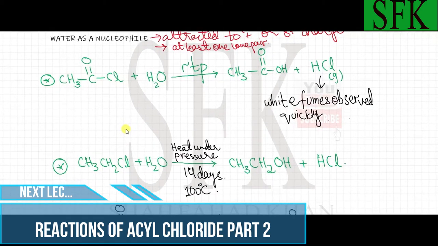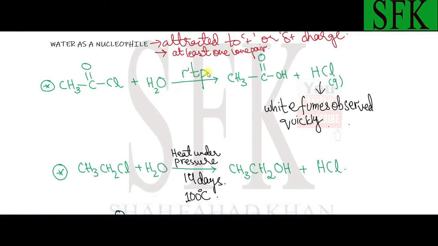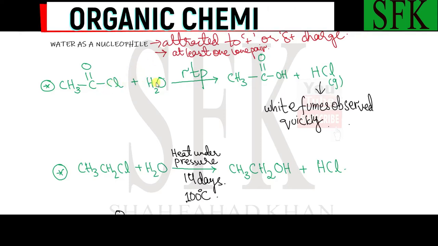Okay, now let's come to the main reaction. The overall equation is given over here. Acyl chloride, which is basically a 2-carbon acyl chloride, reacting with water under no special conditions. Basically, this reaction takes place under RTP, forming the corresponding carboxylic acid from which the acyl chloride has been derived, and HCl is given as a byproduct because the acyl chloride will give out its chlorine atom, and it will combine with the hydrogen atom from water forming HCl, and then the OH of water will combine with the acyl chloride forming the carboxylic acid.